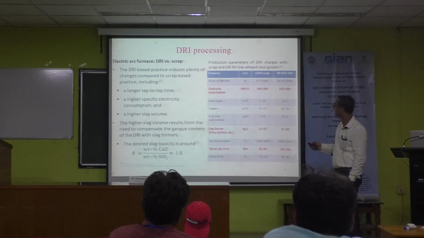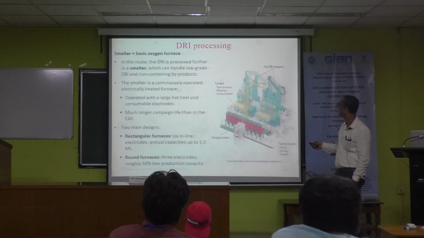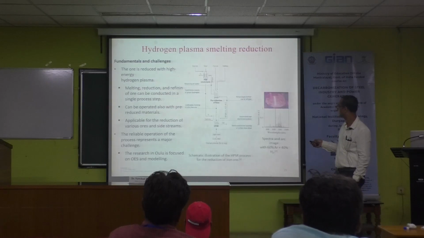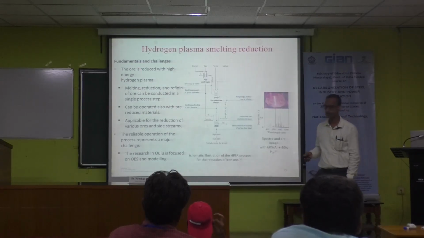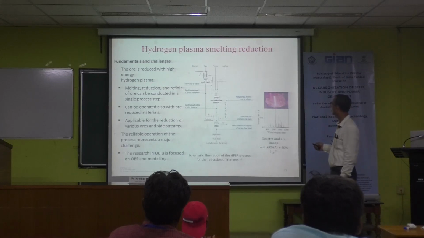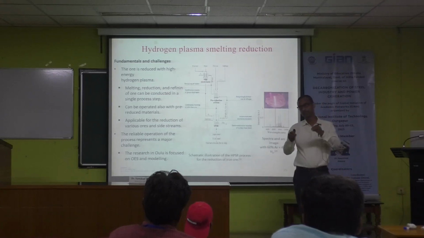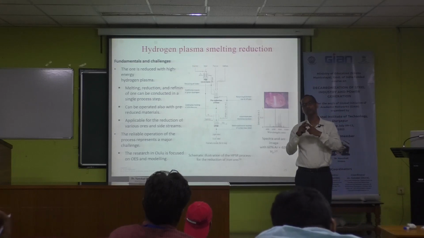And this is the electrical furnace, the other is the smelter and basic oxygen furnace route. The fundamentals of this hydrogen plasma smelting, as people claim initially, are like this: in the plasma smelting route, plasma is a generator of heat, a source of heat.